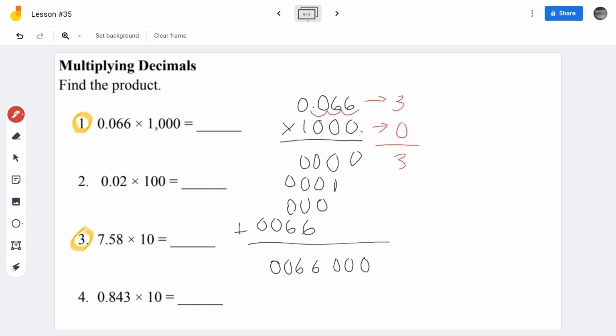Now I'm going to add these two, and we'll get 3, and this is what we use to move the decimal. So I'm going to move the decimal 3 times, 1, 2, 3, so our decimal point should be over here. Sorry about the decimal point. So our final answer should be 66.